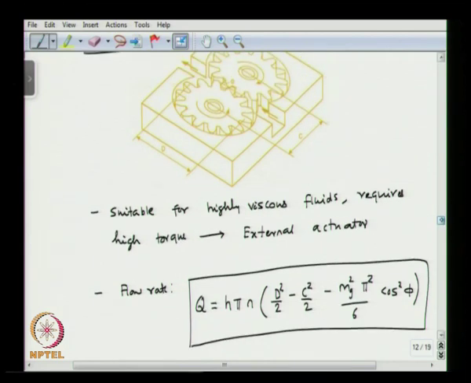Here you can see d is the diameter of the gear, so this is the gear diameter, and c is the distance between the centers of the two gears. Okay.